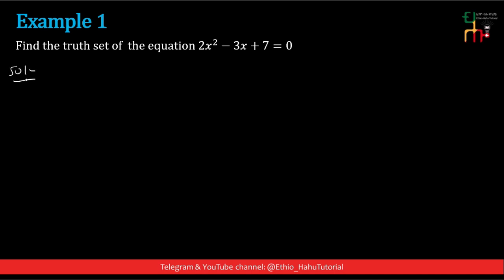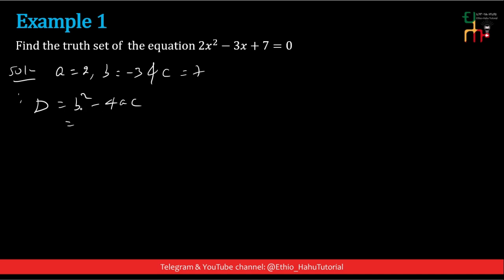Solution. In this case, a is equal to 2, b is equal to minus 3, and c is equal to 7. First, we need to see the discriminant. Discriminant d is equal to b squared minus 4ac.